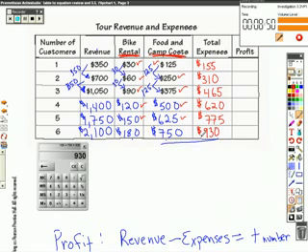All right, now profit. If you remember, to figure out profit, it's revenue minus my expenses, and then I have to figure out if I have a profit or not.